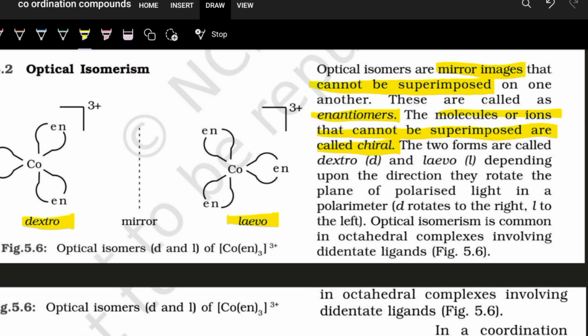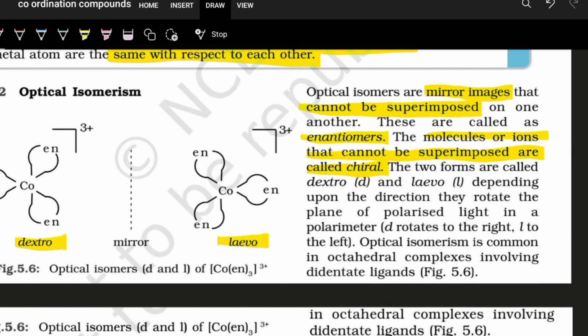As we have seen in the previous organic chapters, the first point will be the presence of a chiral center in the structure of the molecule, a center with 4 different valencies.